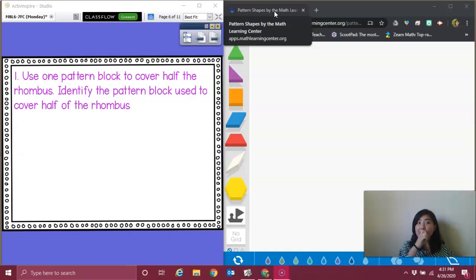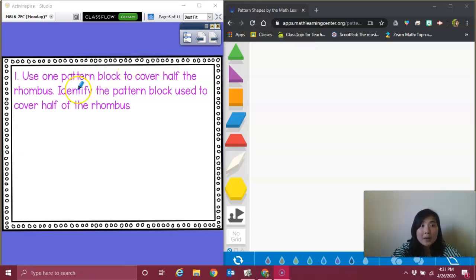So number one, use one pattern block to cover half of the rhombus. Identify the pattern block used to cover half of the rhombus. Let me go ahead and annotate this question. The question tells me to use one pattern block, and I need to cover half of the rhombus.